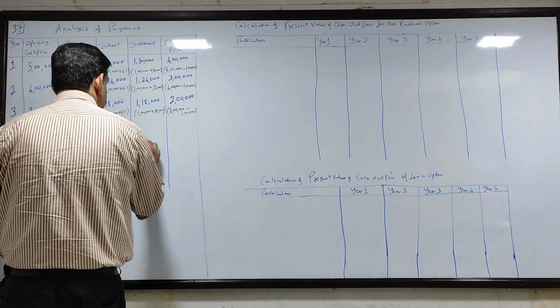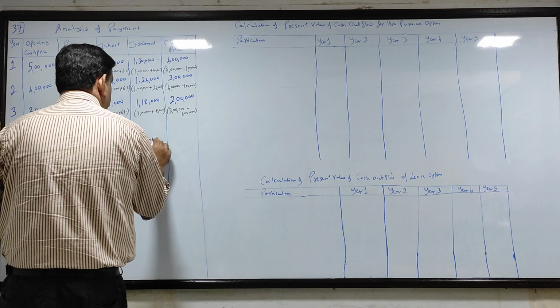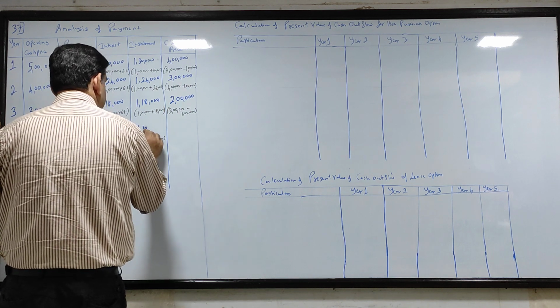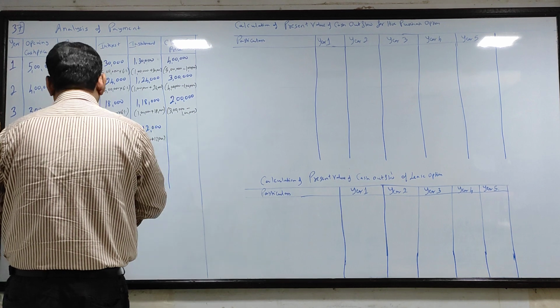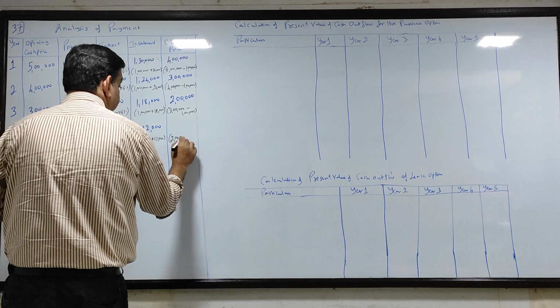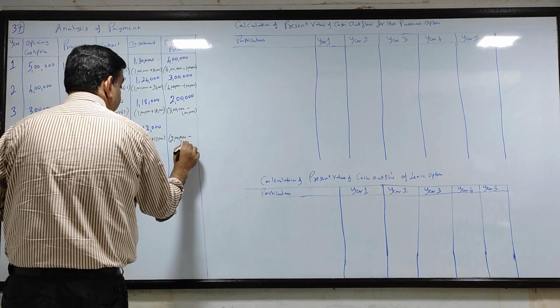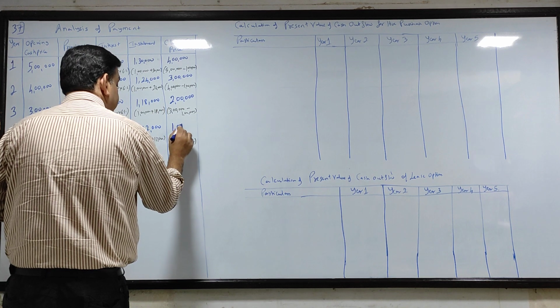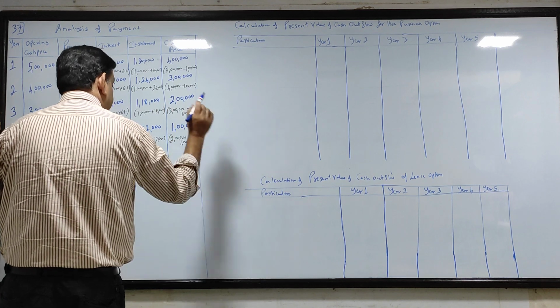So this will be 1 lakh plus 12, that is 1,12,000, and this will be 2 lakh minus 1 lakh, that is 1 lakh.